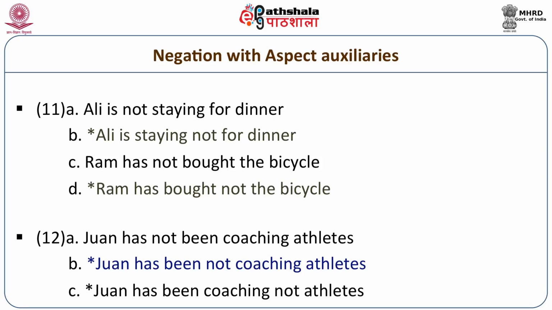Slightly more intricate are the facts of 12, where 12a is all right, Juan has not been coaching athletes, but the ill-formed sentences are 12b, Juan has been not coaching athletes, which places the negation after the auxiliary been but before the verb coaching, and 12c, Juan has been coaching not athletes, which places it after the verb coaching.